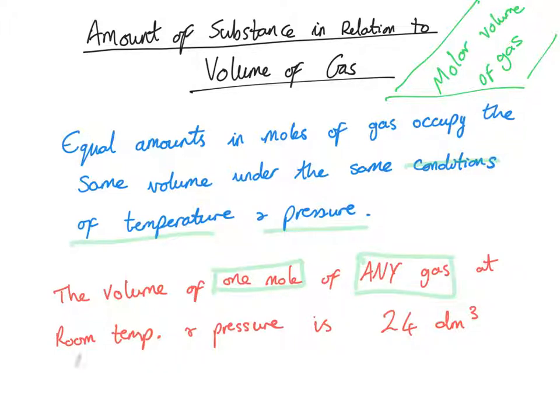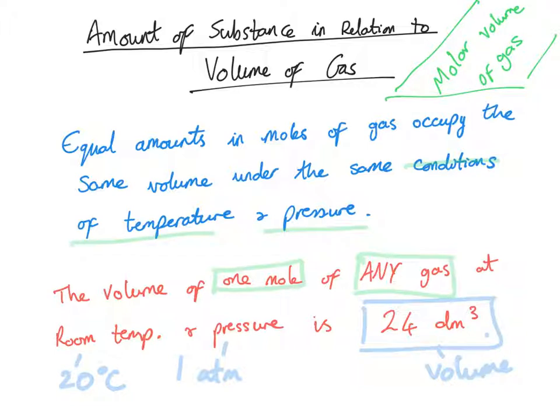Room temperature is 20 degrees C, and normal pressure is 1 atmosphere, is 24 decimeters cubed. So this is the volume of gas, 24 decimeters cubed. I'll explain what a decimeter is in a bit.